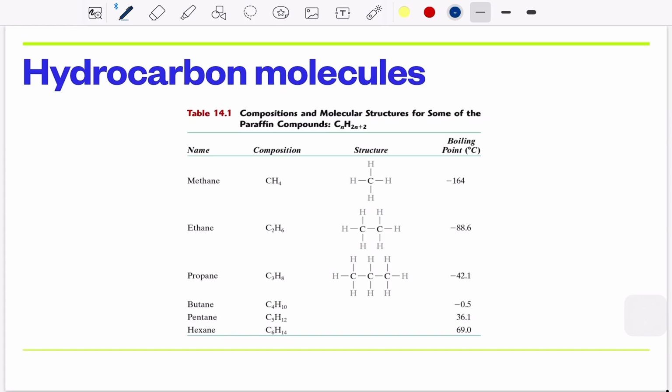I hope you still remember how to make the names of all of these, and if there is a double bond, how to make it into a different name, and so on and so forth. But this course is not only to remember those names, just to let you know that we are going to have those kinds of terms in the future.